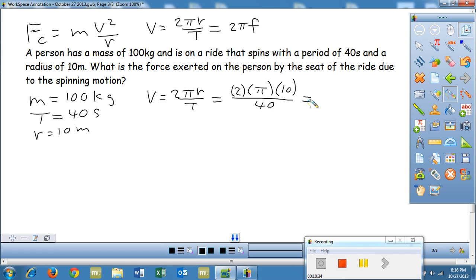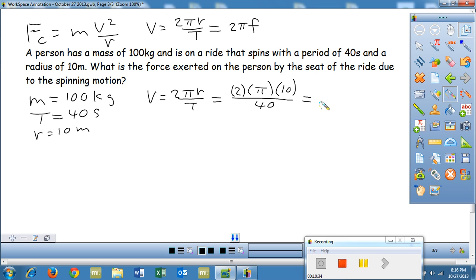All right, let me get out my calculator. 2 times pi times 10 divided by 40. That's going to be approximately, let's see if I did that right. That is 1.57.